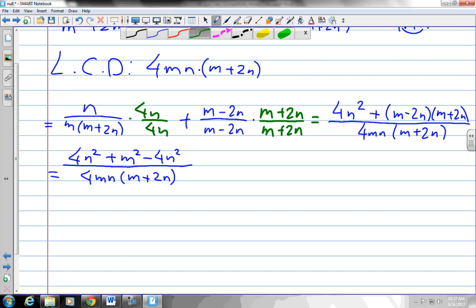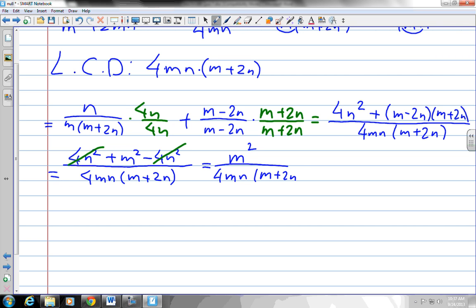So 4n squared cancels with 4n squared, which leaves us with m squared over 4mn times m plus 2n. So are there any common factors in the numerator and the denominator?